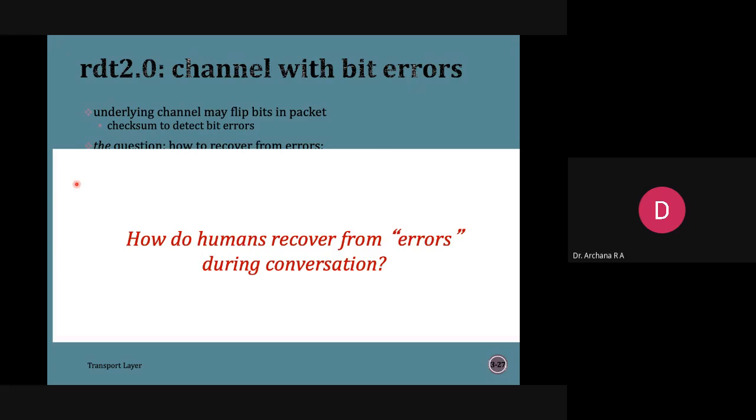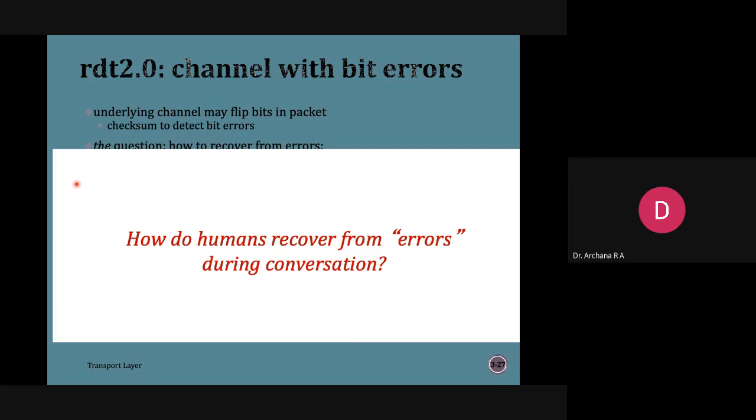The first person starts: hi, hello, how are you? Then the second person needs to give some acknowledgement, like yeah, I'm fine, or I'm okay. You need to send some reply. If the second person doesn't reply, it indicates that there is some issue at the receiver side, or some issue at the other side.